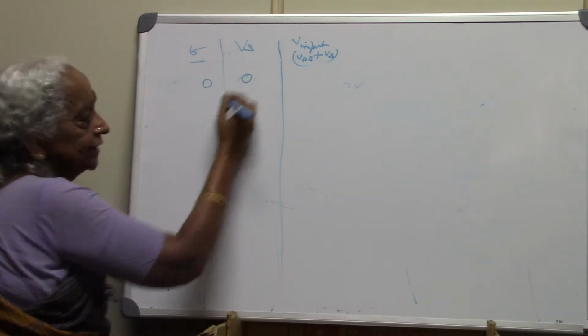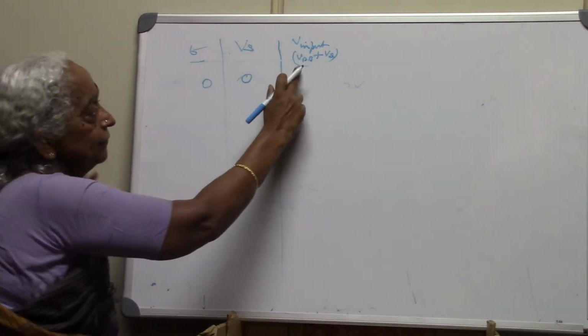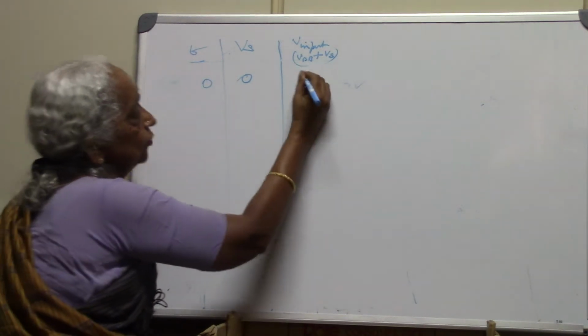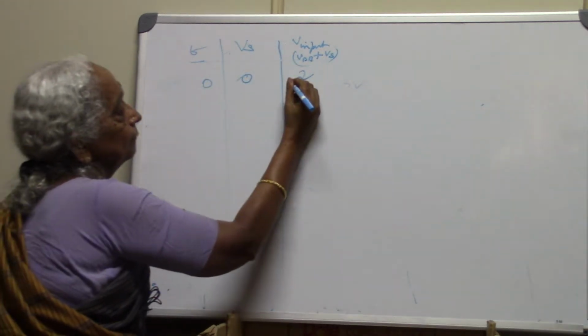At 0, Vs is 0, no signal is given, and the VBB without the signal was 2 volt. So you will get only 2 volts plus 0.